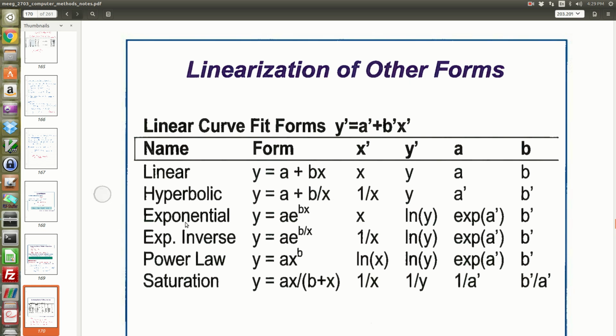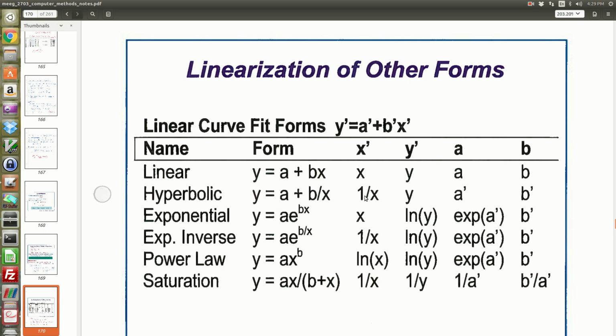So hyperbolic, exponential, exponential inverse, power law, saturation, and these are what the forms actually look like. So this is what the hyperbolic form looks like, the exponential form, exponential inverse form, power law form, saturation form. And then it shows you the transformations that you apply in order to get x prime and y prime that make it linear.